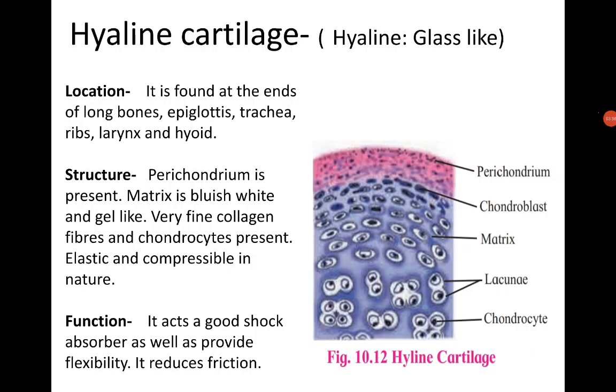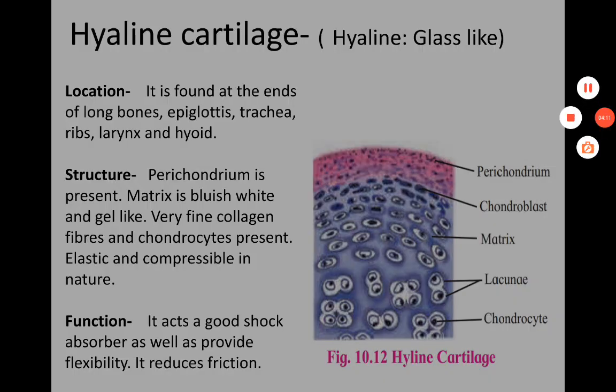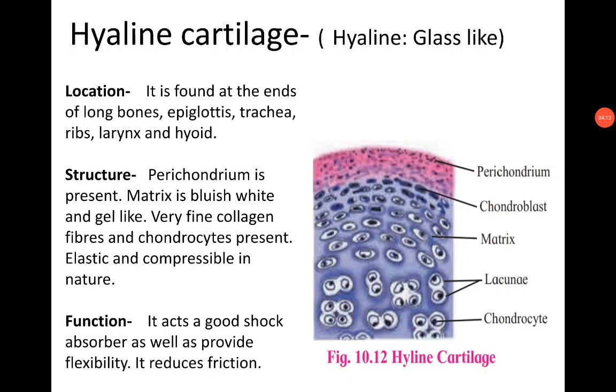Function of hyaline cartilage: it acts as a good shock absorber as well as providing flexibility. Due to various daily movements like jumping and many other kinds of movement, this cartilage performs the role of a shock absorber for body parts.